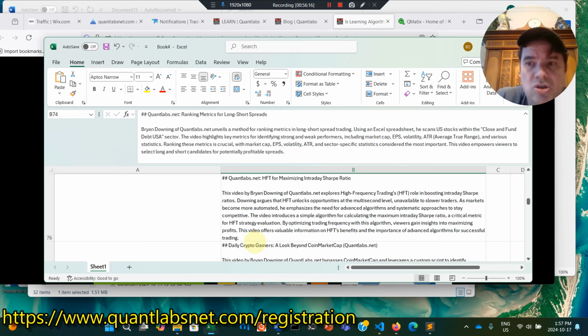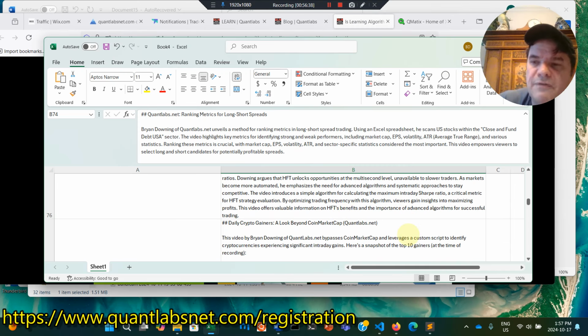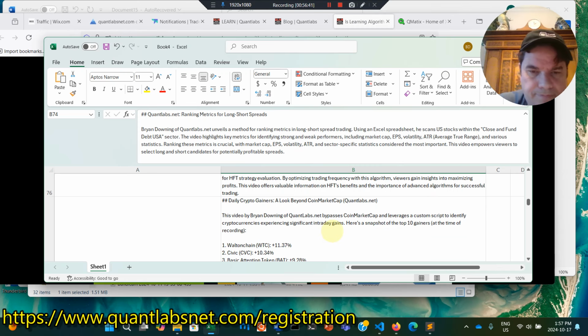So even if you don't have to know the programming behind it, you can simply use something like TradingView to do that, and to see what frequency you should trade on, what you should trade, and when to trade it, and so on. But it's a variety of factors. So this is valuable information on HFT benefit and importance of advanced algos for successful trading.